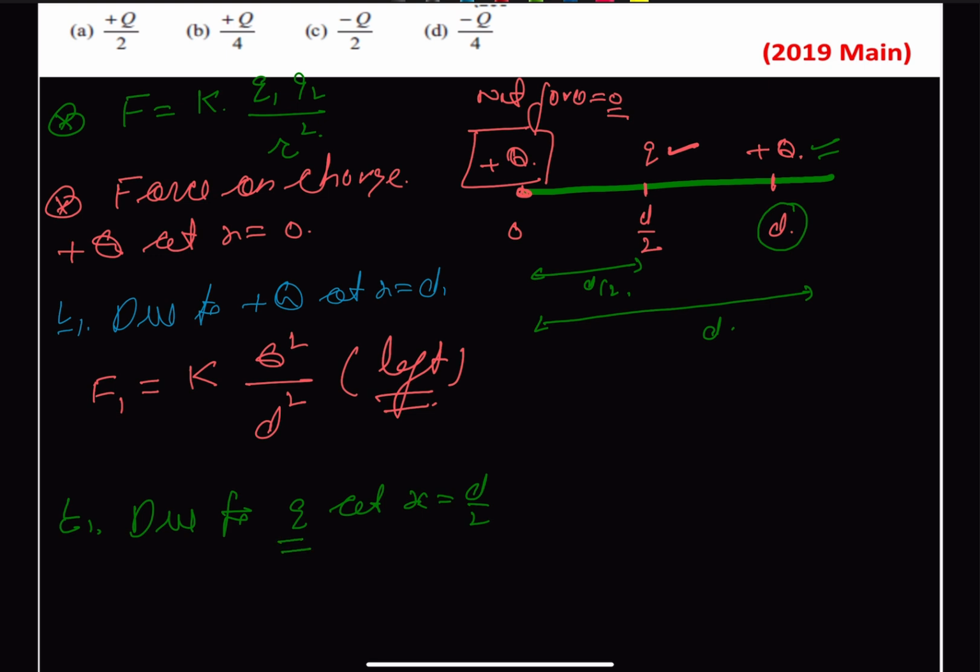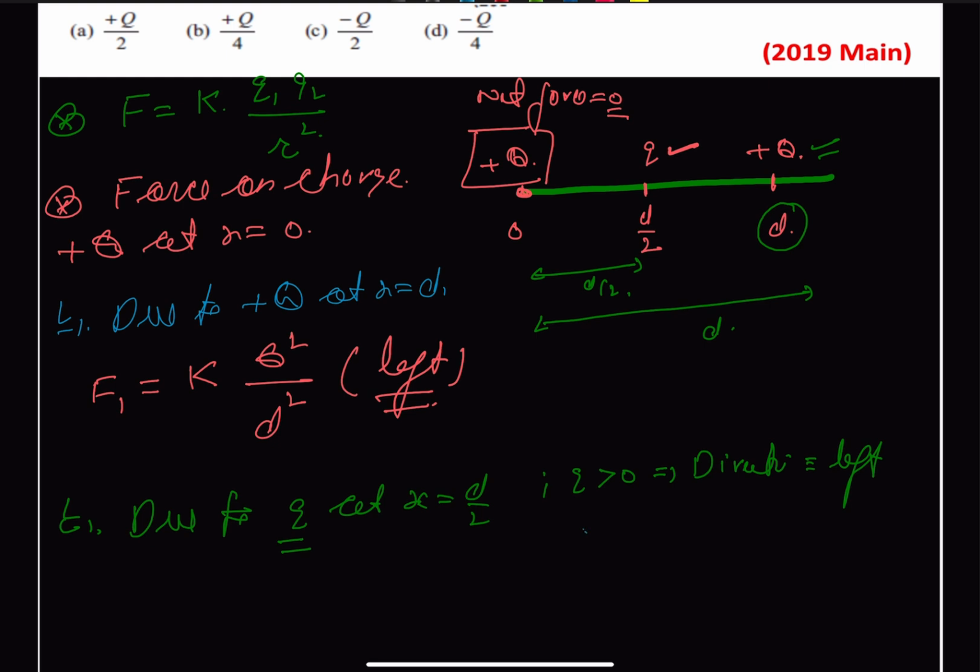So if this q is greater than 0, then the direction is important, because it says that net force is 0. In this case the direction will be towards left, because both are positive. So direction on Q will be towards left, repulsive force.